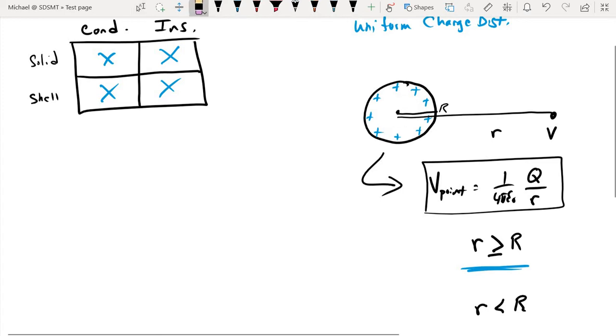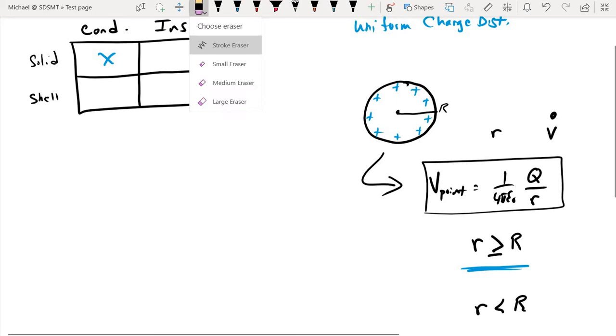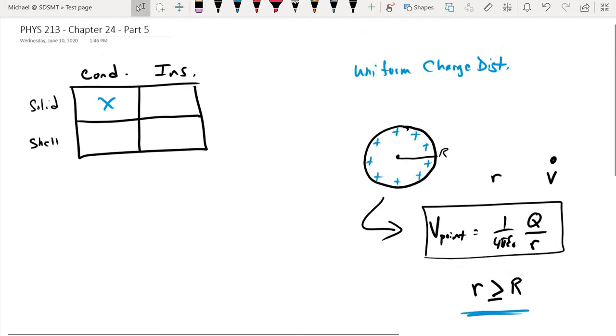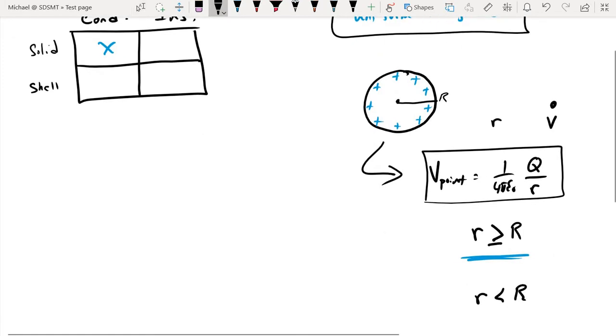So let's go back to the conducting solid scenario. As long as we're outside the sphere, it acts like a particle. It really doesn't matter what material it's made of, or if it's solid or hollow. If we're outside of it and we have uniform charge distribution, that sphere is going to act like a point charge.